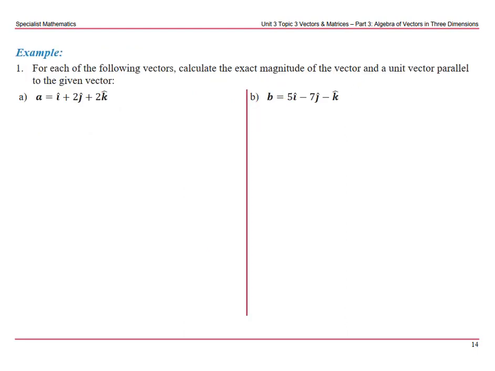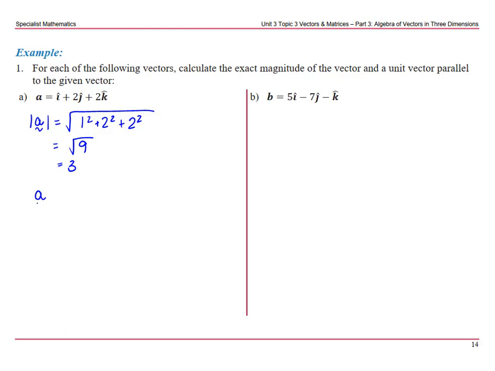So let's look at some examples. For each of the following vectors, calculate the exact magnitude of the vector and a unit vector parallel to the given vector. So first of all, the magnitude of the vector is equal to the square root of 1 squared plus 2 squared plus 2 squared, which is the square root of 1 plus 4 plus 4, that is 9, which is 3.